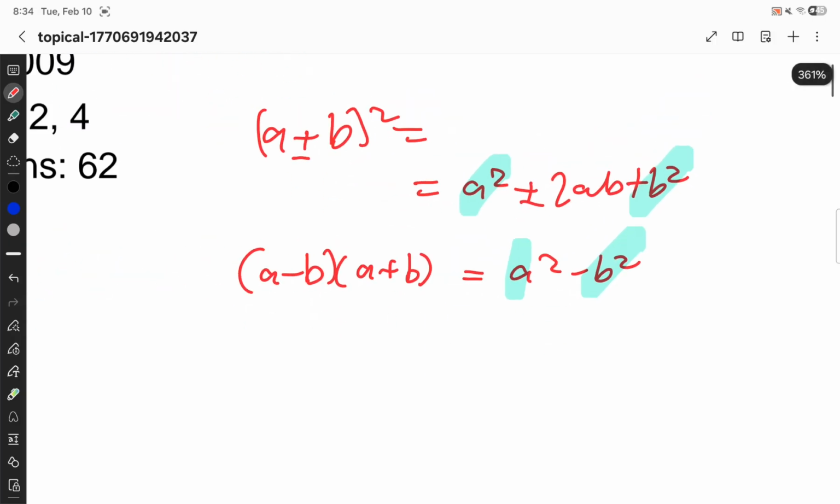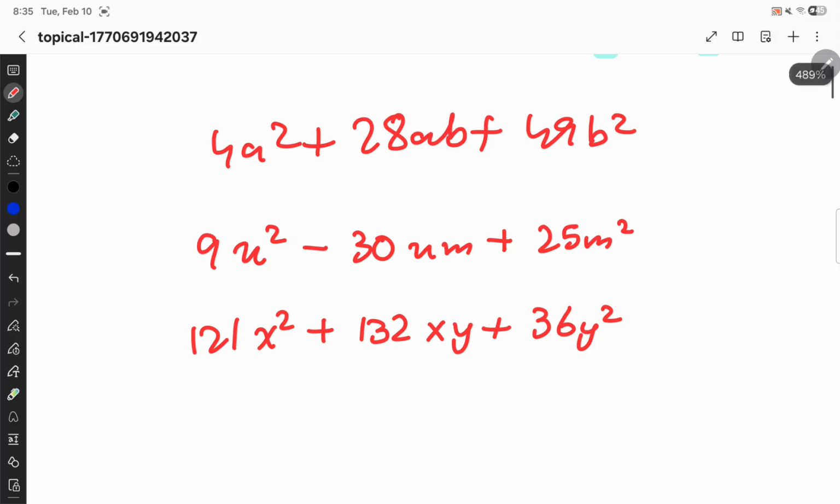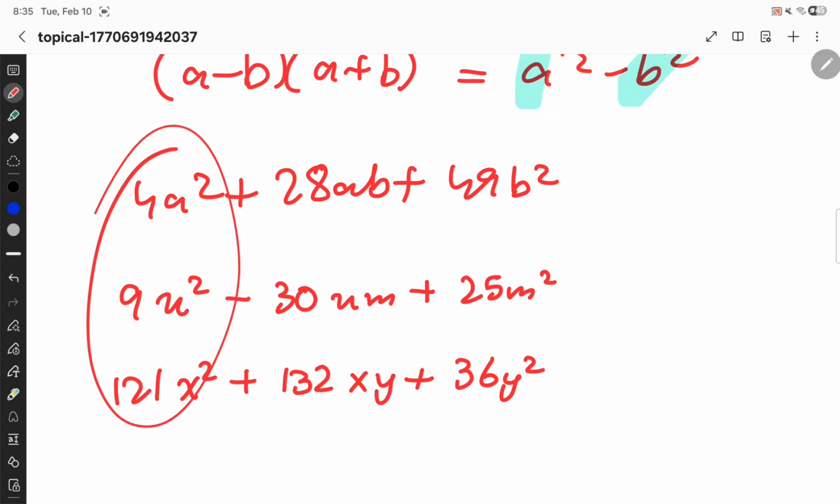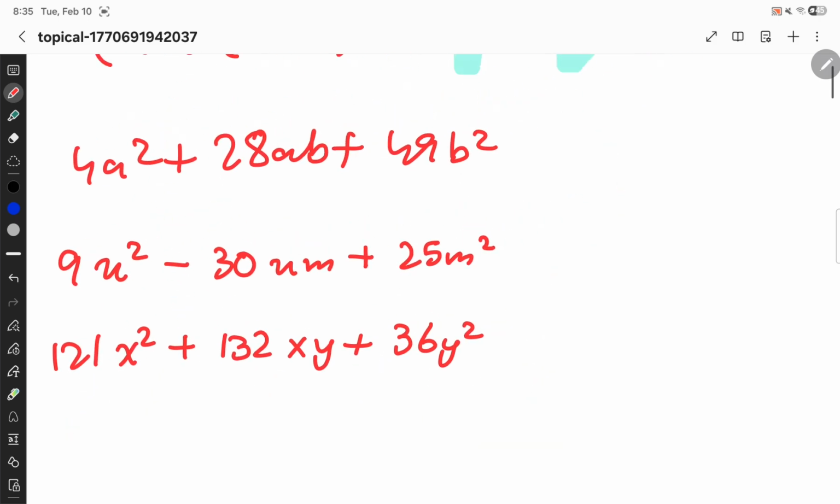There are some examples which use this, but I will give you an example which uses this. Okay, 3 examples which use these, and then we can move on to the examples in the worksheet. Okay, here we have 3 examples. On all of these, we can see this and this. These are perfect squares.